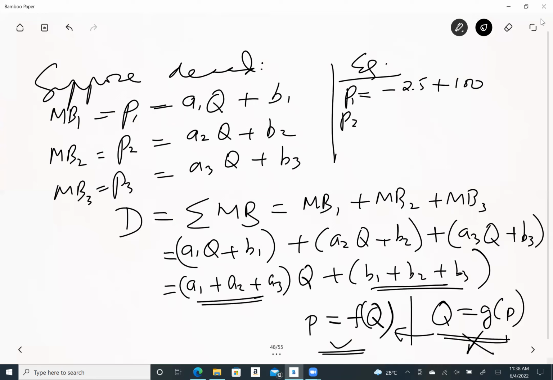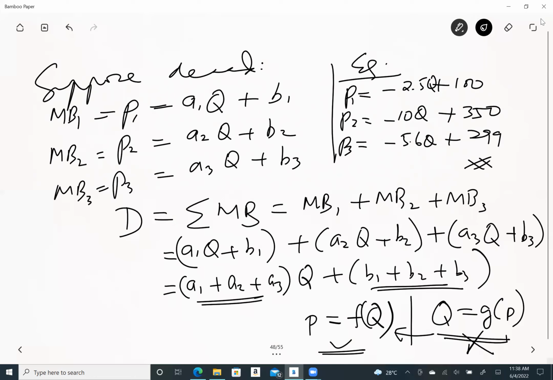Say P2 equals negative 10 Q plus 350. I forgot to put the Q. Say P3 is equal to negative 5.6 Q plus 299. So this is an example.